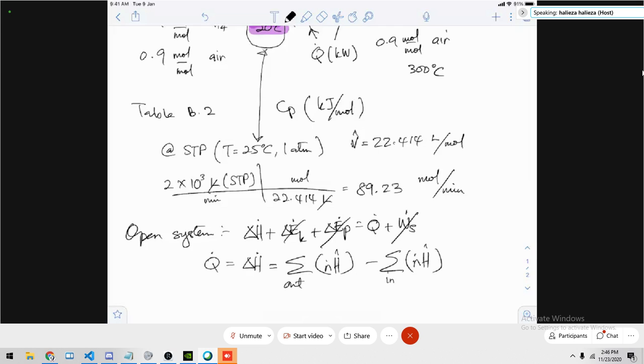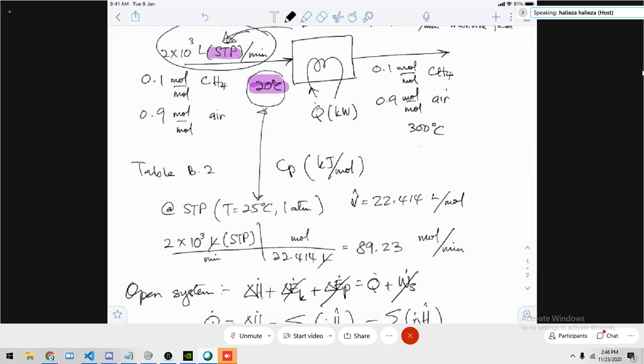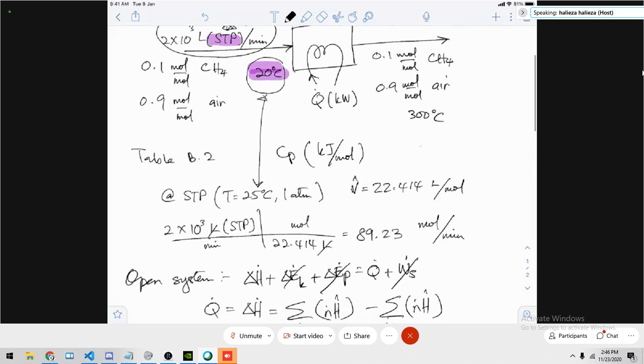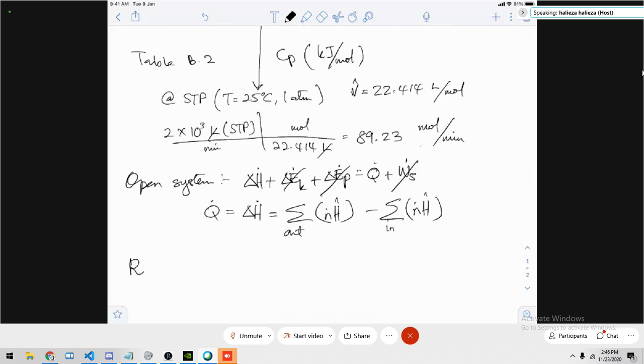Now, again, you have two components here. What is your reference state? I'm going to give you a different method of doing it, because the method in the textbook uses the specific enthalpy and both components will be at the same reference state.